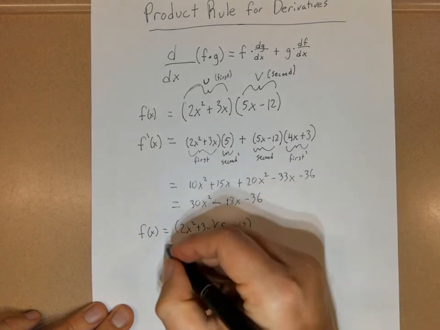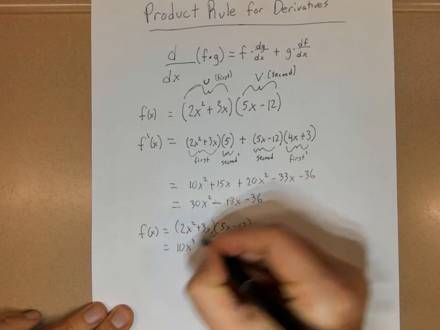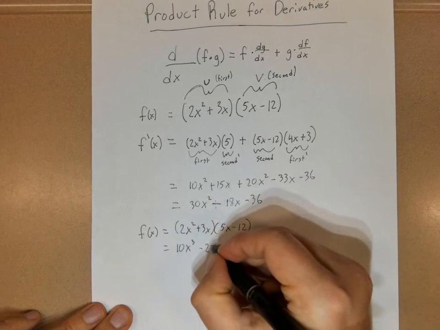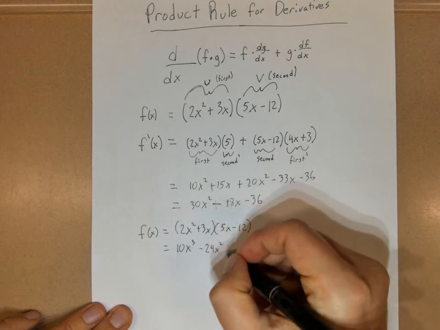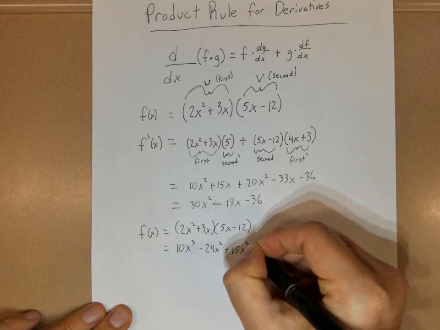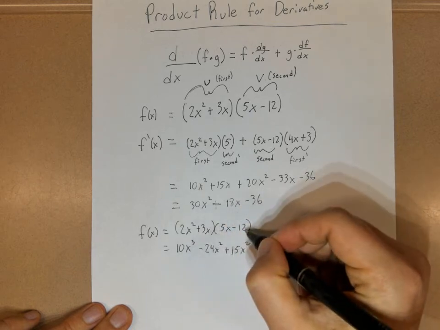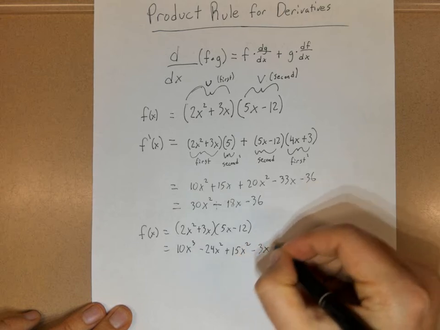If I now FOIL this all out, I'm going to get 10x to the third, minus 24x squared, plus 15x squared, and then I'll have minus 36x.